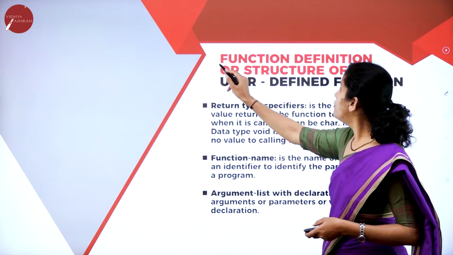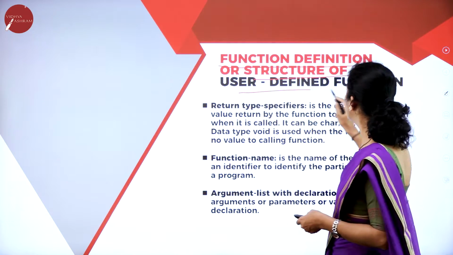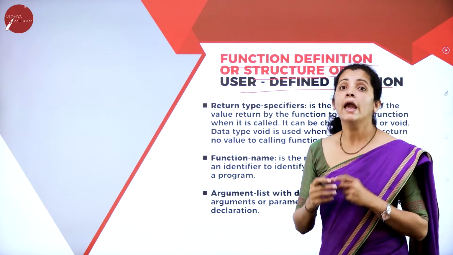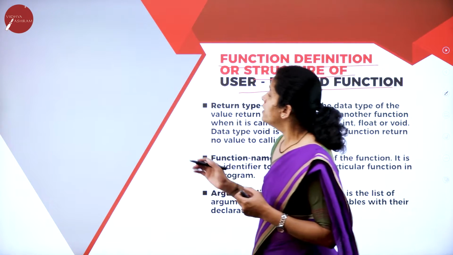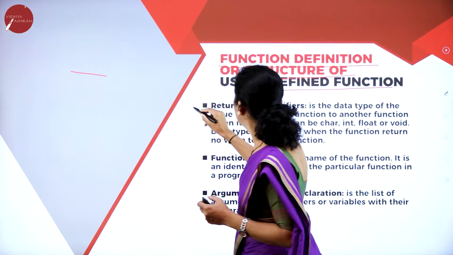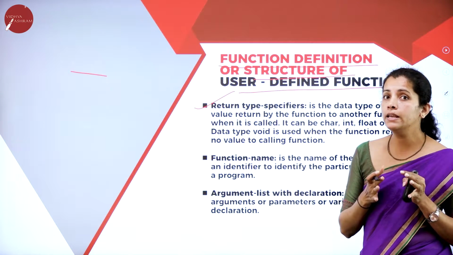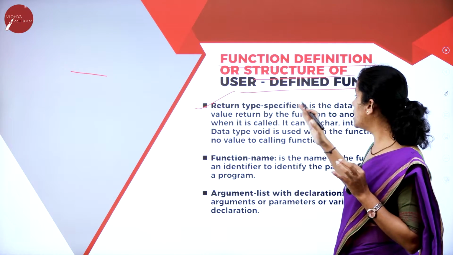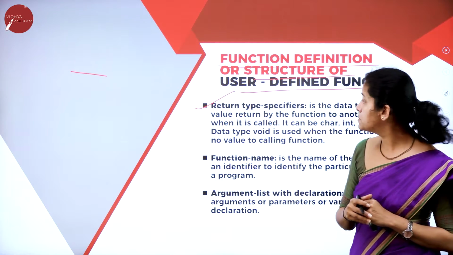Now, the function definition or structure of user-defined functions is explained in detail. At the beginning, I am going to have the return type specifier. So, what is this return type specifier?